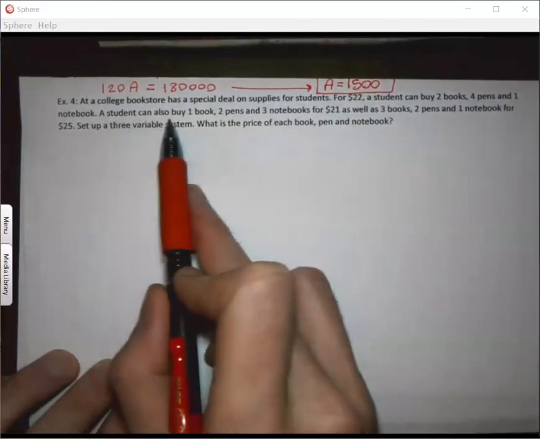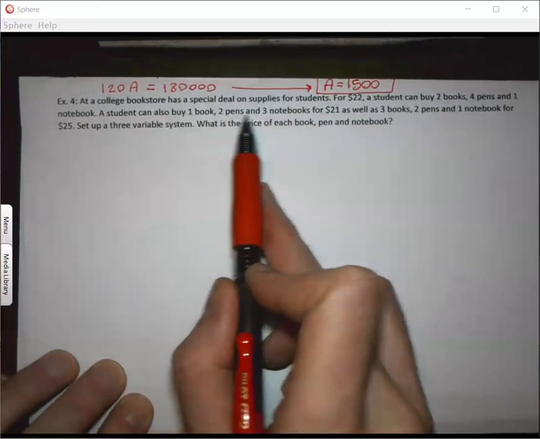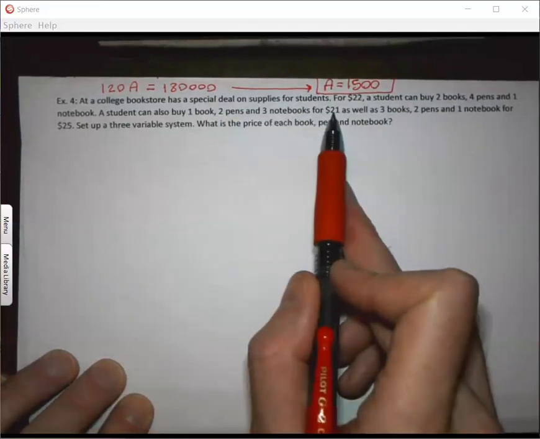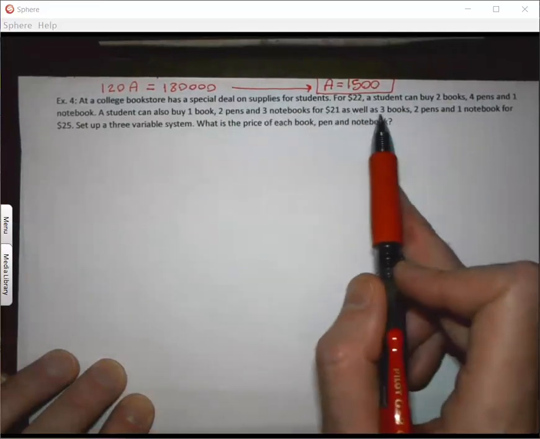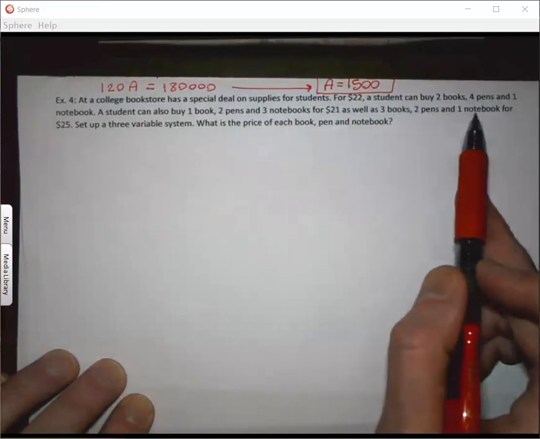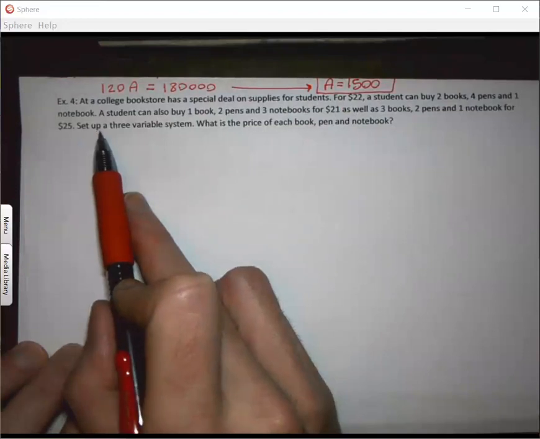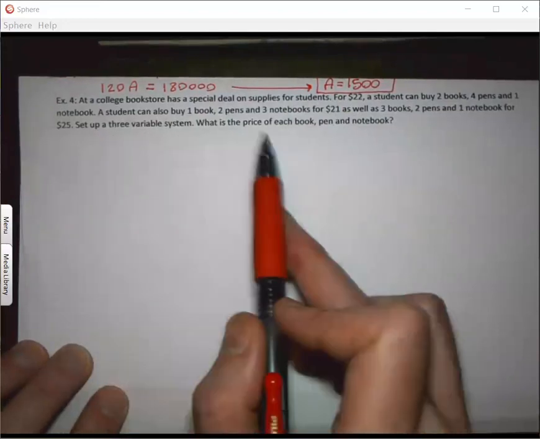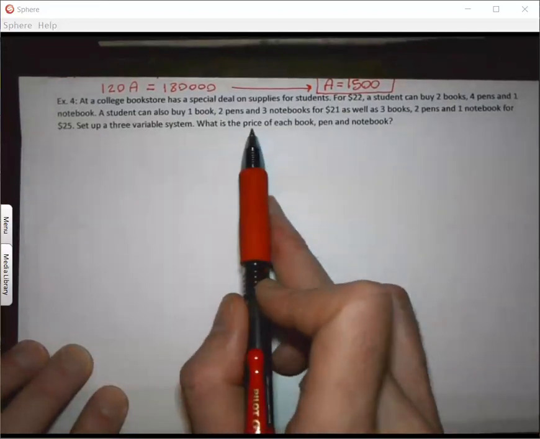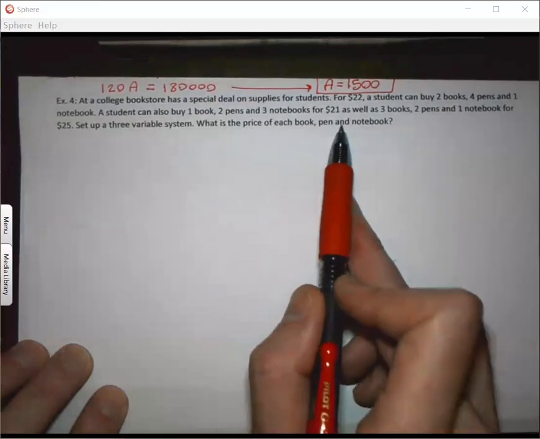A student can also buy 1 book, 2 pens, and 3 notebooks for $21, as well as 3 books, 2 pens, and 1 notebook for $25. Set up a 3-variable system. What is the price of each book, pen, and notebook?